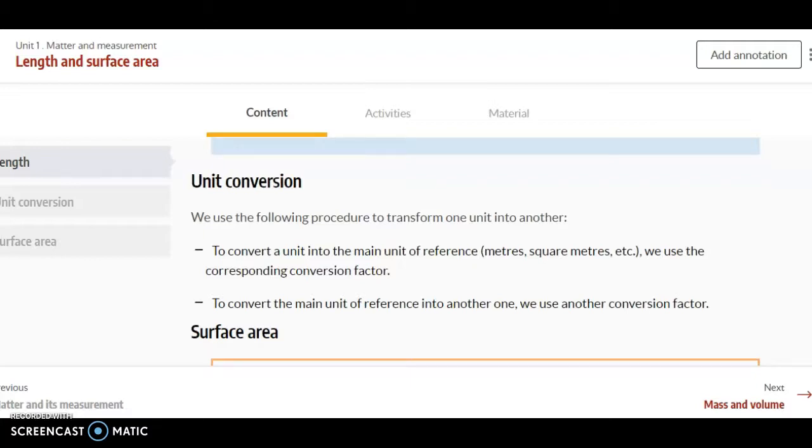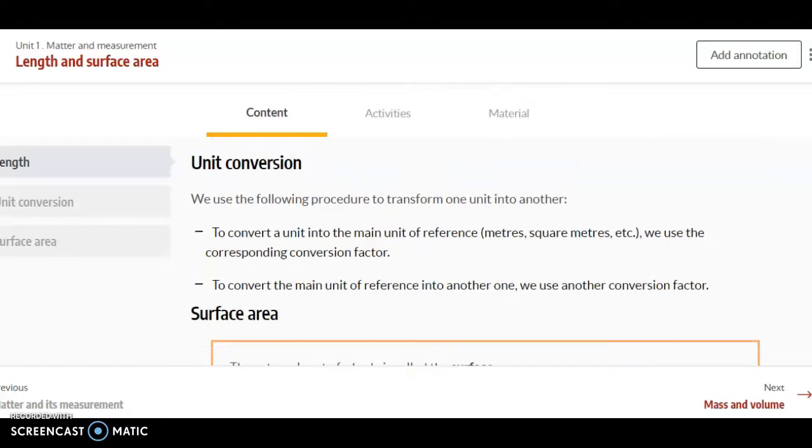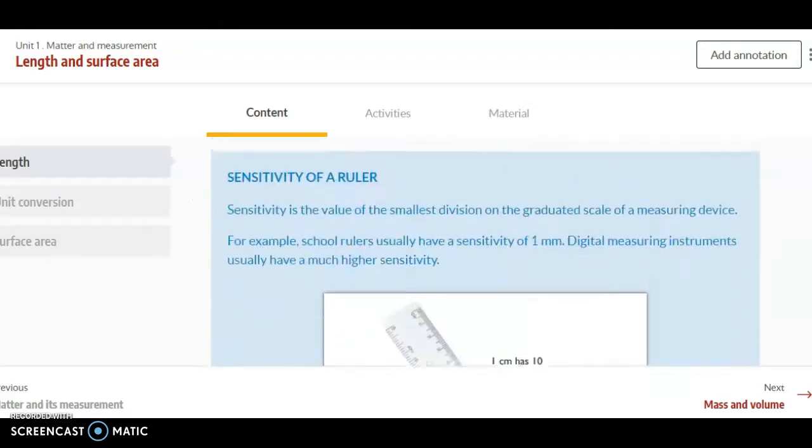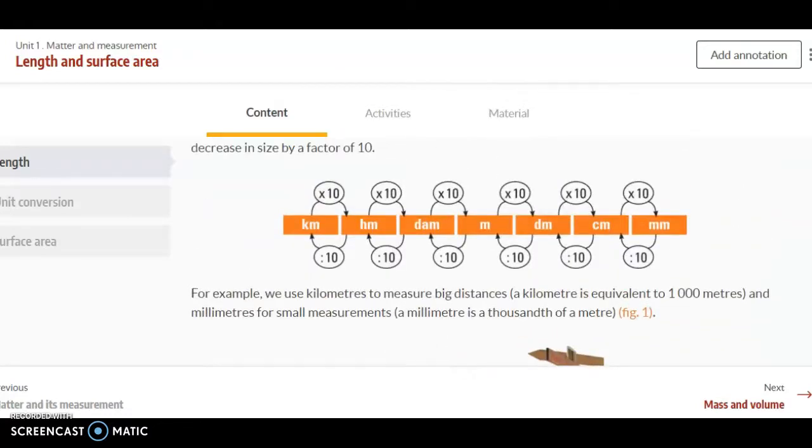So you're going to have to convert, for example, from meters into decameters, or from meters into decimeters. I remember there's one exercise about converting from miles to kilometers, and that's the only case that I'm going to give you for conversion between units.